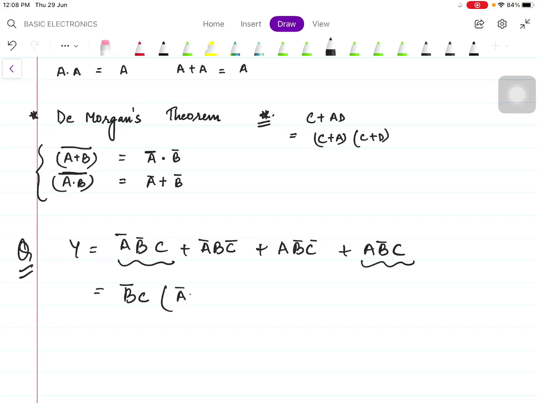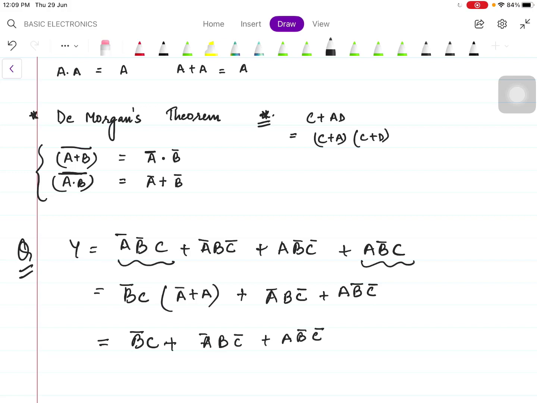I will be left with a bar plus a, and from here we can leave it as it is, because taking one variable common is of no use. It will not minimize anything inside the bracket. So b bar c, a plus a bar is 1, so we are only left with b bar c, because dot 1 will be b bar c itself, plus a bar b c bar plus a b bar c bar.